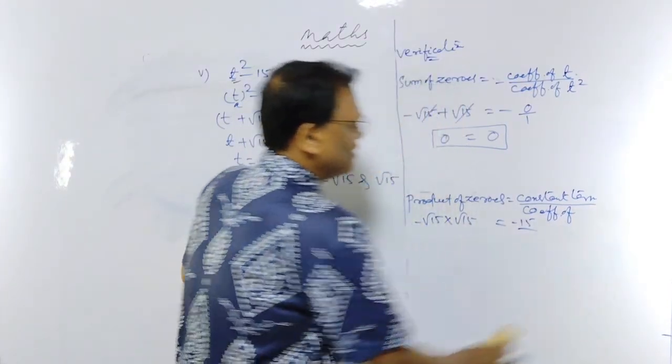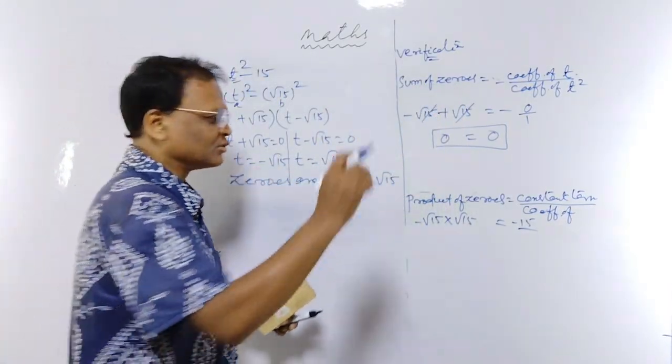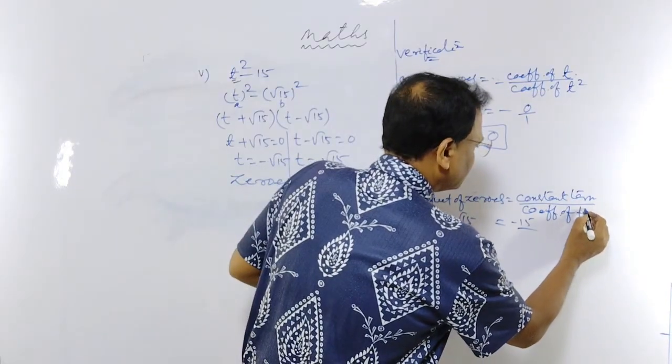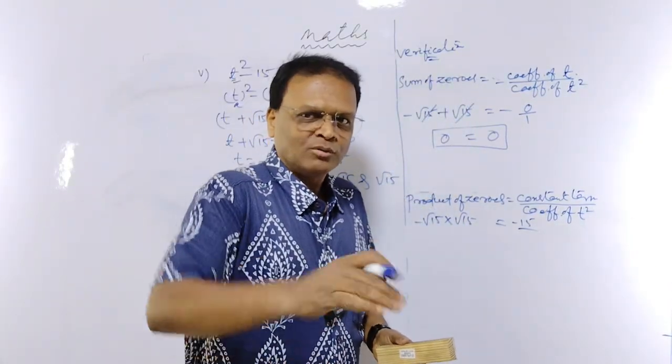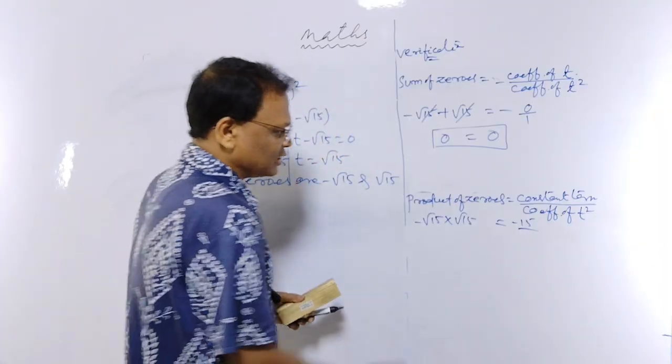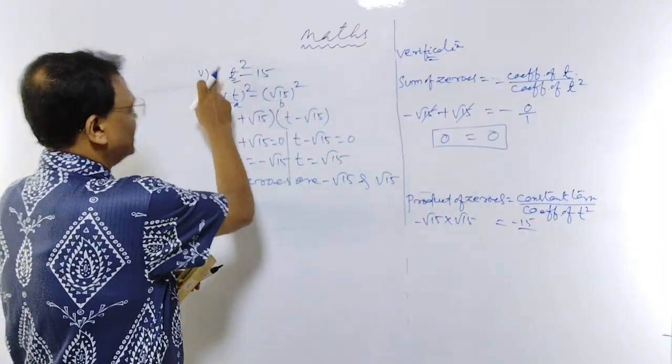Instead of x square I must write t square. Hope you are getting what I have written. That will be only replaced by t and t square. Coefficient of t square again is 1.